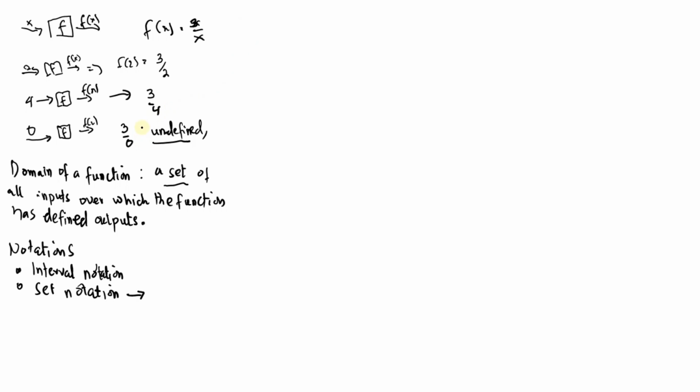We realize that this does not make the function defined, so we have to remove it from the domain. One of the things that you have to do when you're writing the domain is removing the things that don't make the function defined. So the domain of this function will be equal to, we'll use the curly bracket, which represents the set.